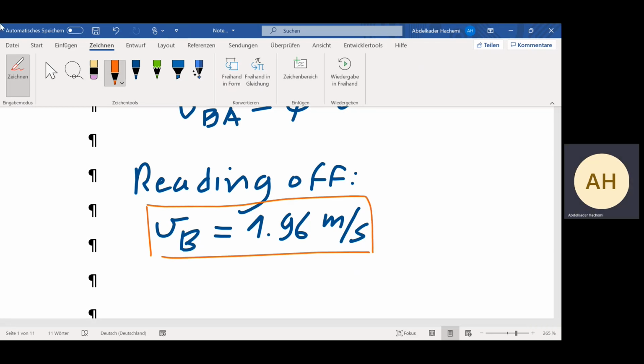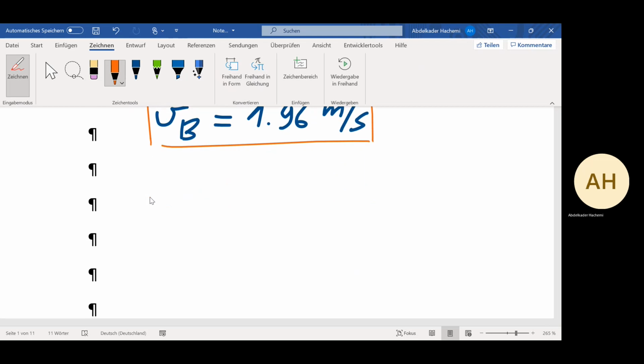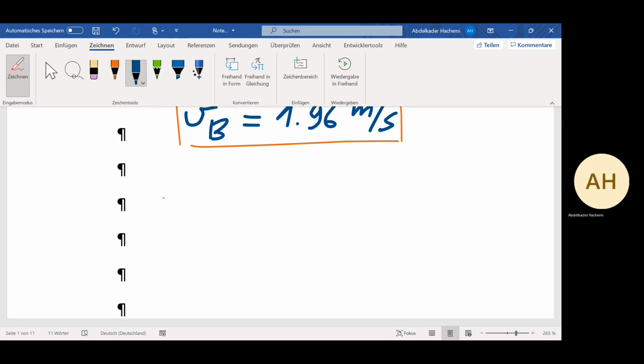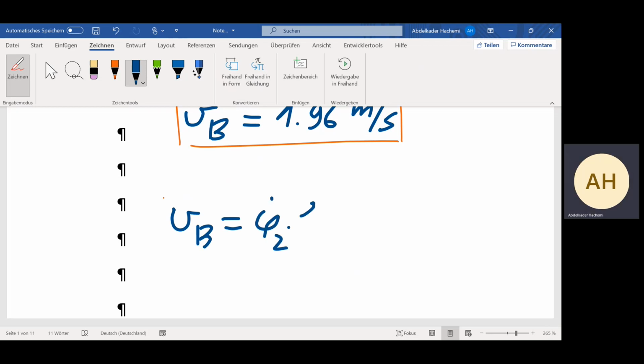Now if we want to get the angular velocity of the left ladder, VB is only phi dot 2 multiplied by the distance L, as VO is equal to 0.